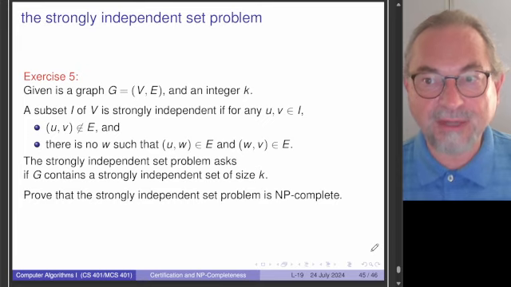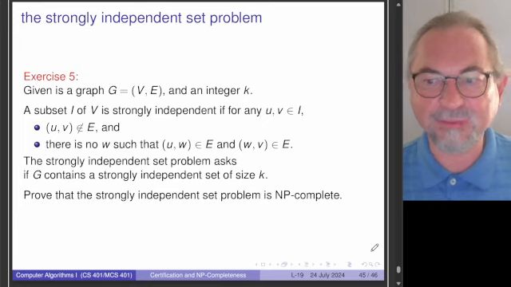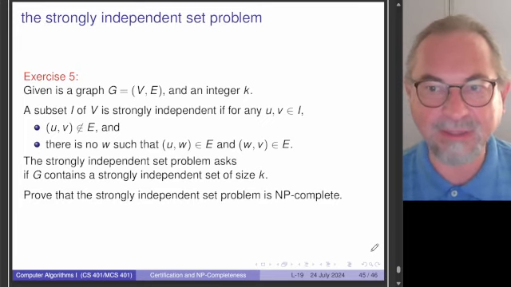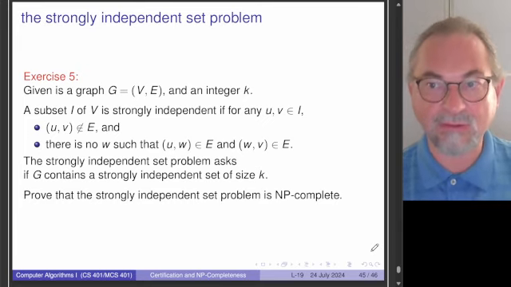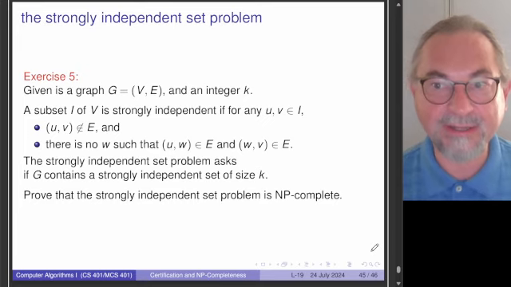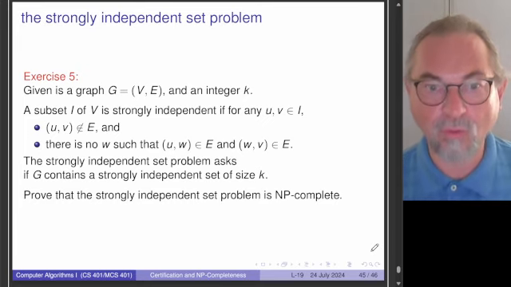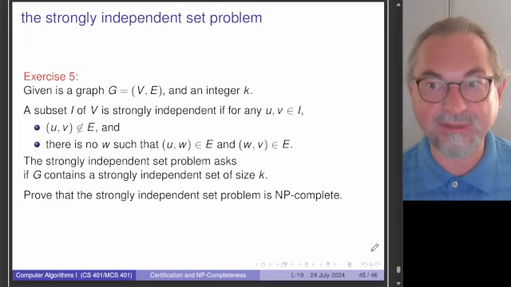So you have to first prove that this problem is in NP. If somebody gives you a set of vertices, then you can verify efficiently that there is no path of length 2 between those two.